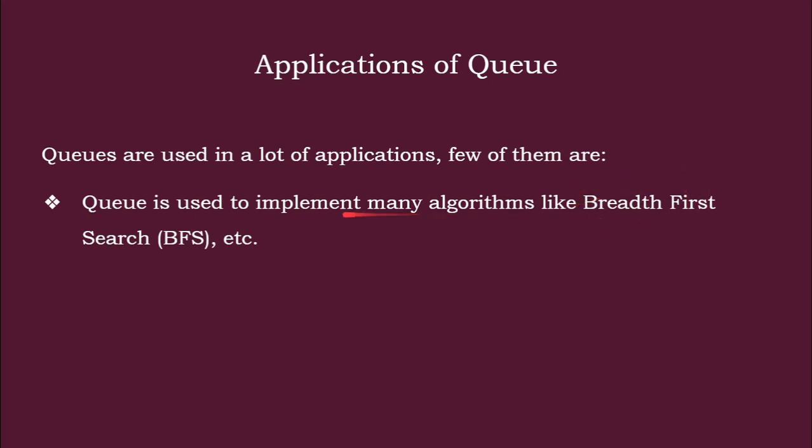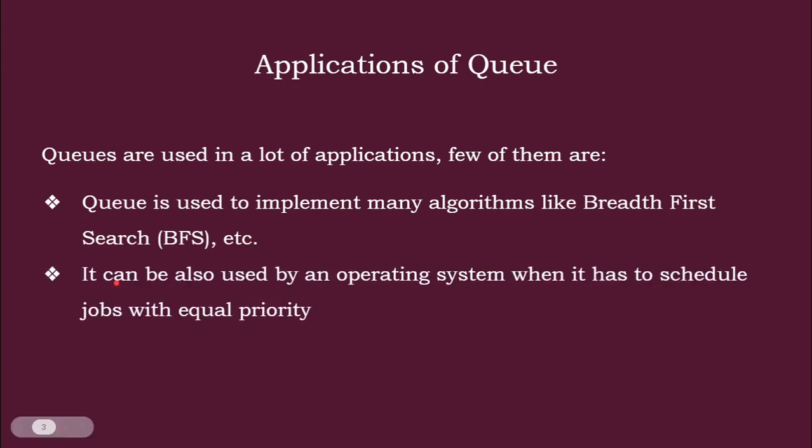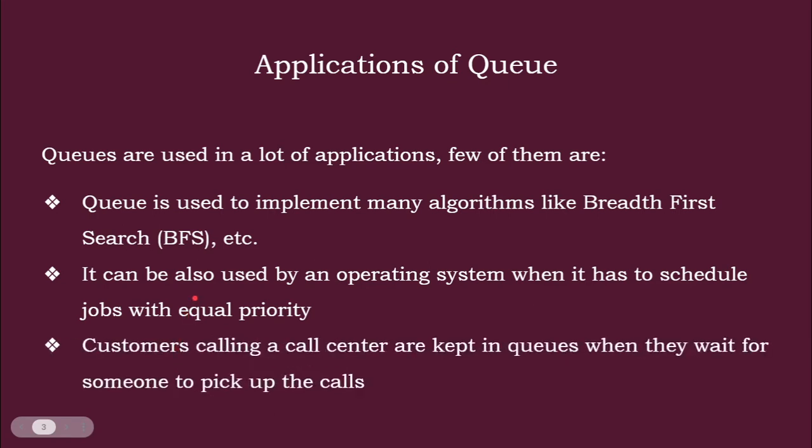For this, we use the queue as the data structure. The next one is that it can be used by an operating system when it has to schedule jobs with equal priority. Inside the operating system, the jobs are scheduled, and for that scheduling, the queue helps. We have the job queue, device queue, and many other queues that help to schedule the work of the operating system.